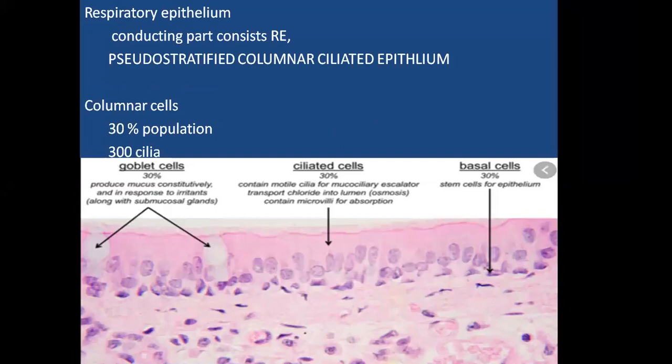I would repeat it again, that the respiratory epithelium is pseudostratified columnar ciliated epithelium, and it contains different kinds of cells. 30% cells are the ciliated columnar cells. 30% cells are the goblet cells, which are unicellular mucus glands. They do not reach the sensory nerve endings.